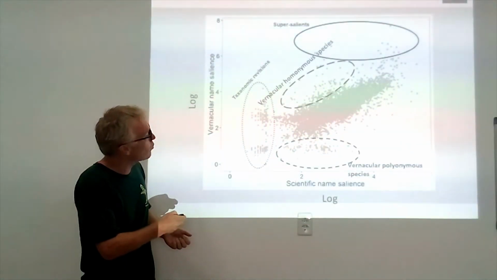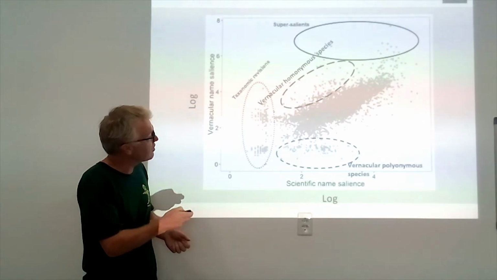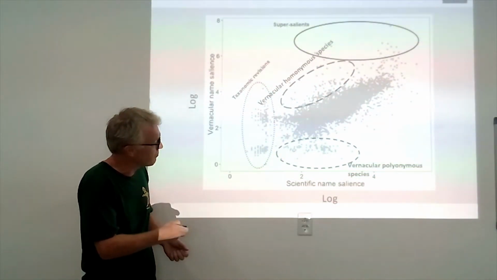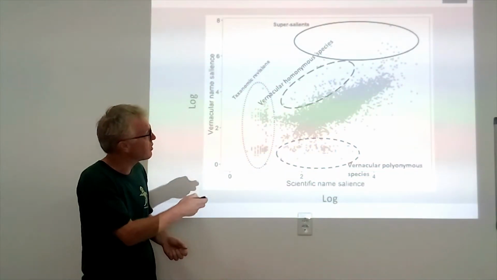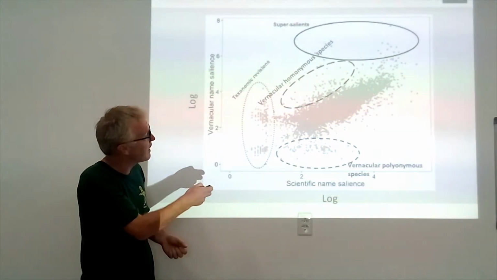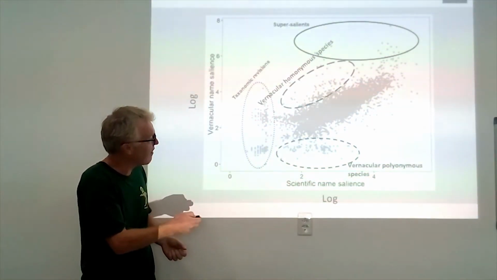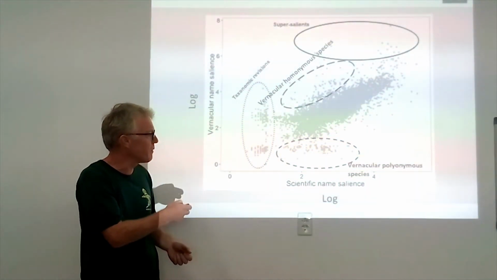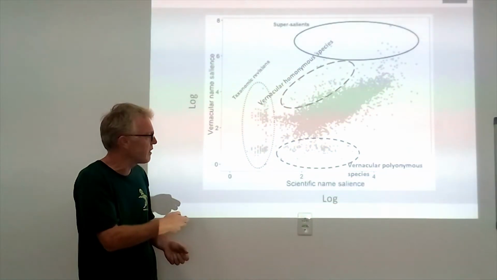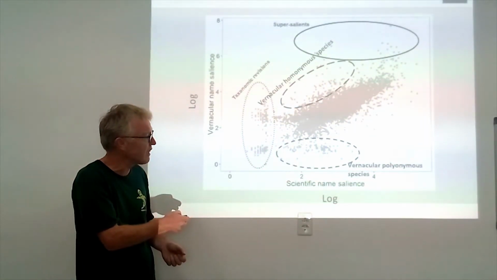And this is all bird species in the world, and you can see there's a very strong correlation between the salience of scientific names and the salience of vernacular names. And these outliers here are where you have particular factors such as taxonomic revisions, which means that the new scientific name has very low salience.